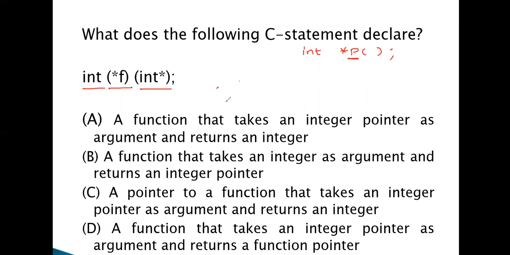Okay, now I will explain each and everything. In this case, (*f)(int *), simply this is a pointer. Everyone knows *f means simply it is a pointer. See this one, a pointer to a function. We are applying a pointer to the function. And what is the input parameter? The function takes an integer pointer as argument and returns an integer.